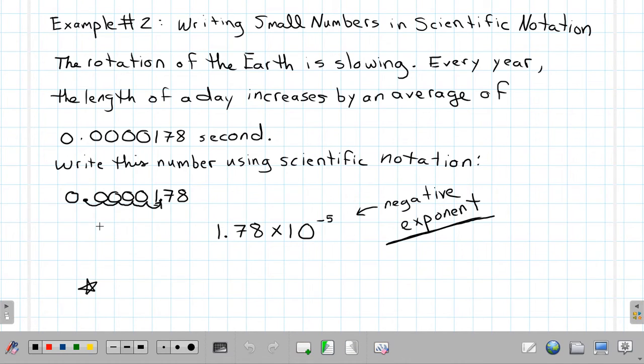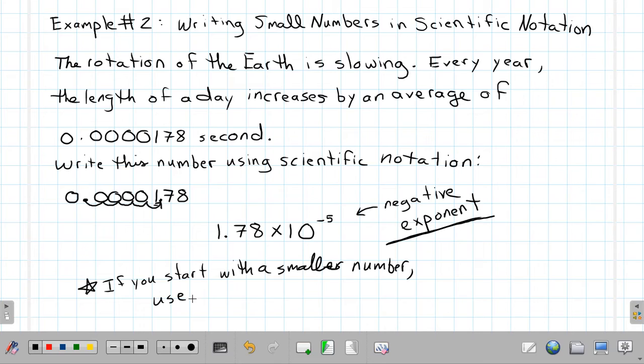So if you start with a smaller number, you need to use a negative exponent. And once again, once you practice with some of these, you'll get better with it. It's like I said, it's kind of like a common sense type thing.